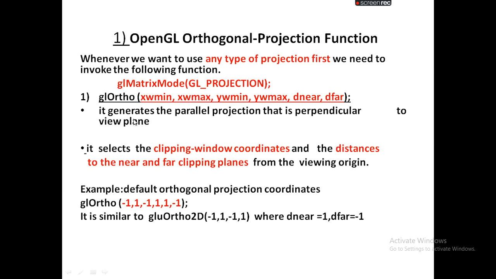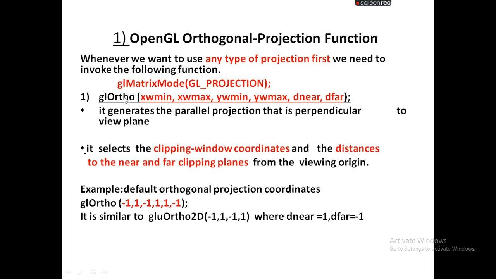As we know, when we are using orthogonal projections, our projection lines are always perpendicular to the view plane. Then you can view either the front of the object, the top of the object, or the sides of the given object.